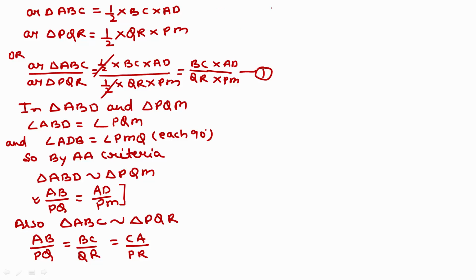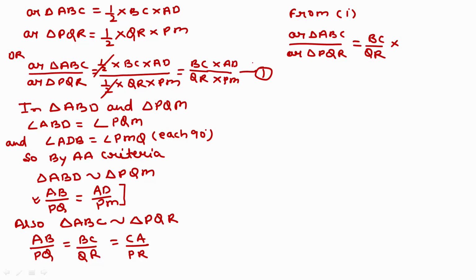So from first, area of triangle ABC upon area of triangle PQR is equal to BC upon QR into AD upon PM, and AD upon PM is equal to BC upon QR.